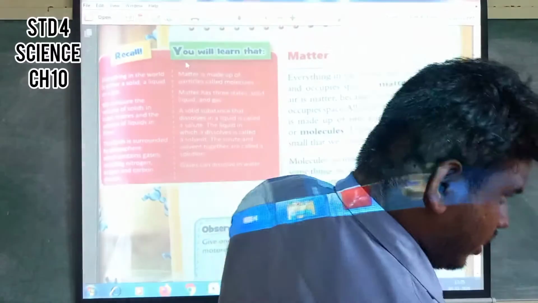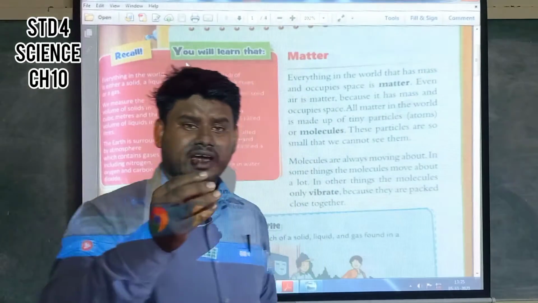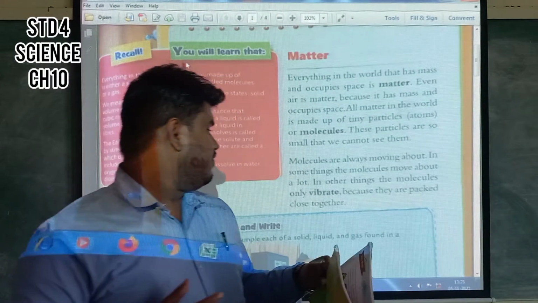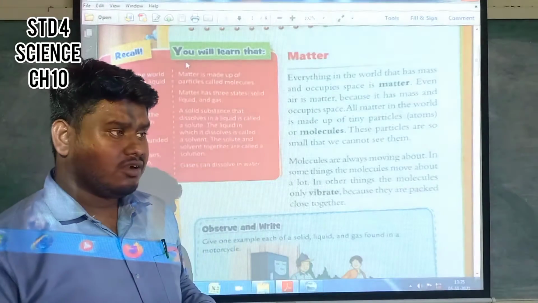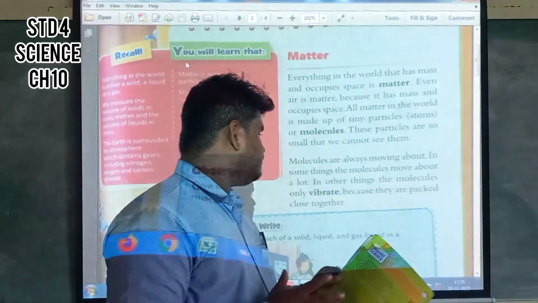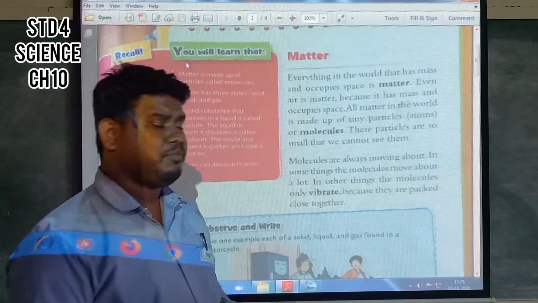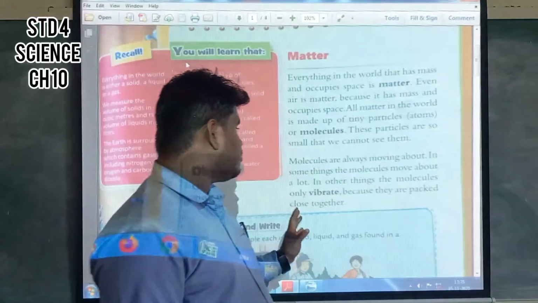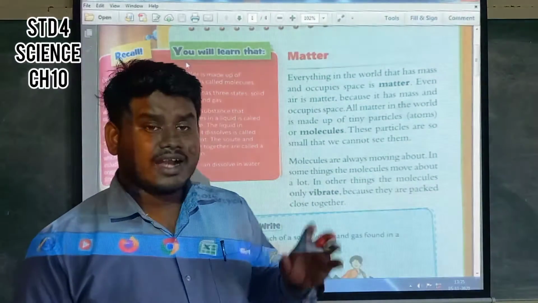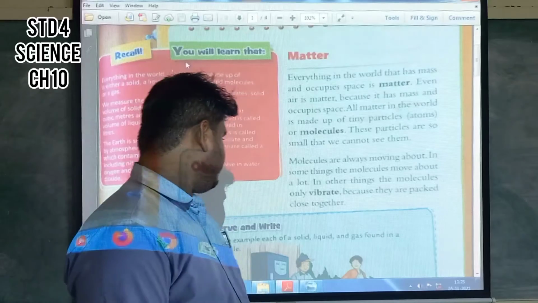If a large container has only a little amount of things in it, they can move about a lot. But when it is very full, they will not move a lot. They will only vibrate because they are so close together. So molecules are always moving about; in some things they move a lot, and in some things they only vibrate.